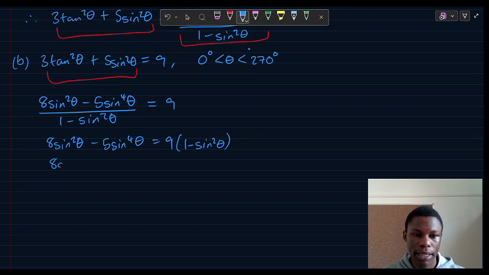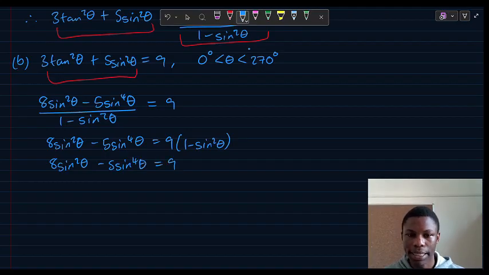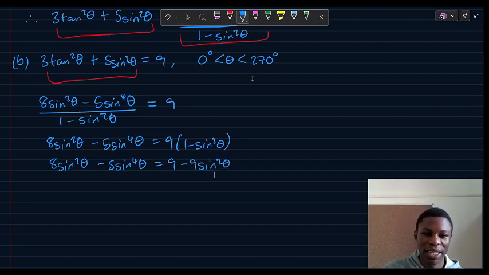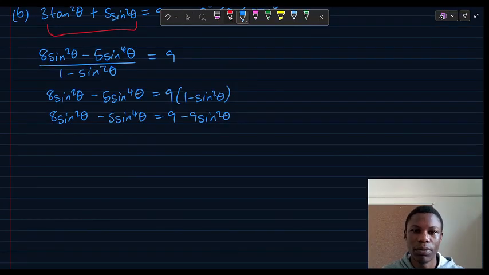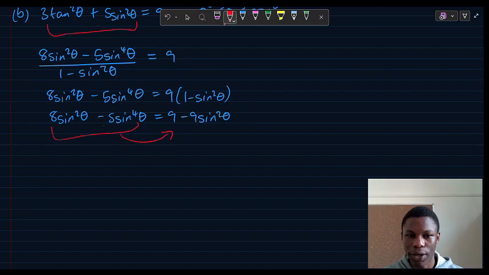And so that's 8 sine squared theta minus 5 sine to the 4 theta is equal to 9 times 1, that's 9. 9 times negative sine squared theta, that's negative 9 sine squared theta. Put everything on one side. I will move everything on the left to the right because I want the coefficient on sine to the 4 theta to be positive.